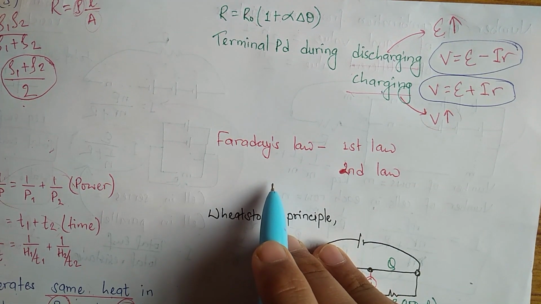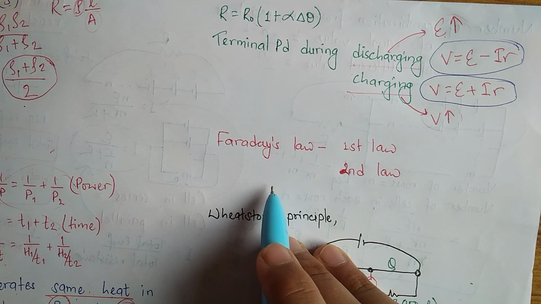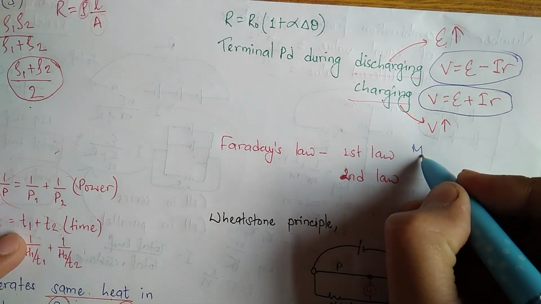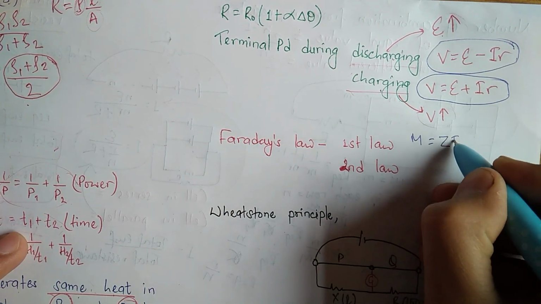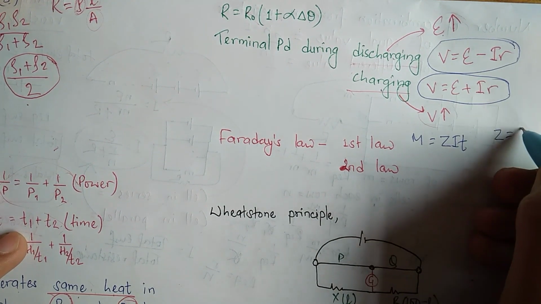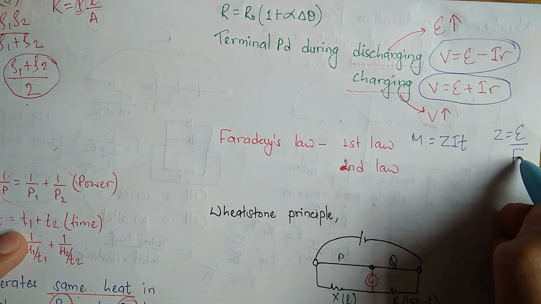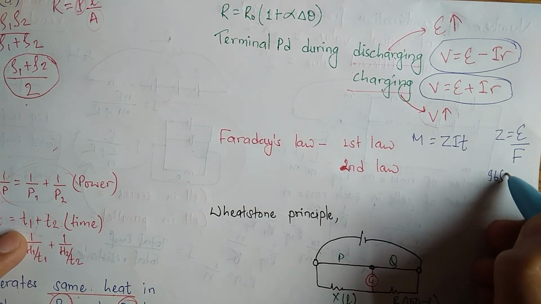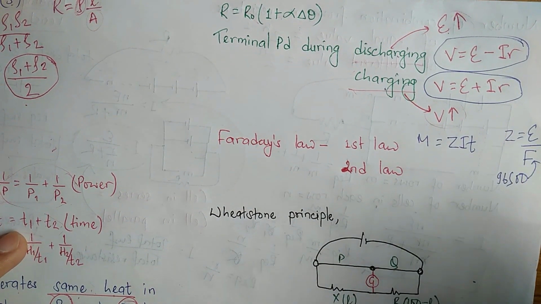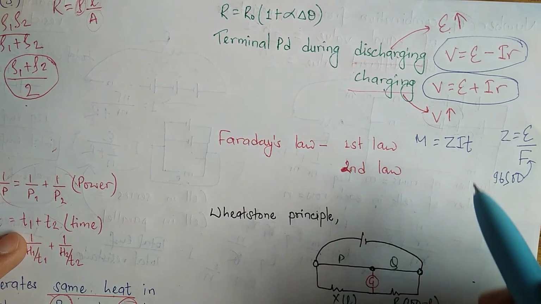Now Faraday's law. Faraday's first law means M is equal to ZIT. Z is equal to equivalent weight of that metal by Faraday constant 96500. I is current, T means time.